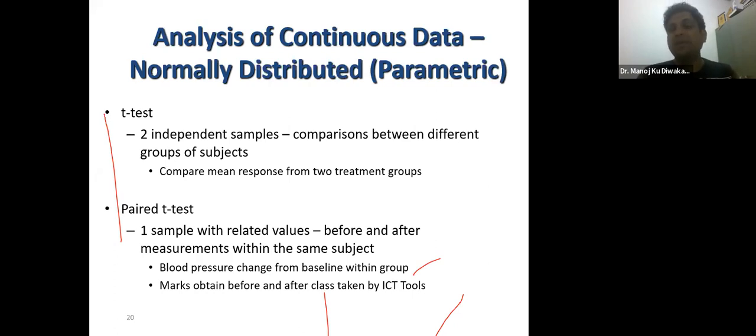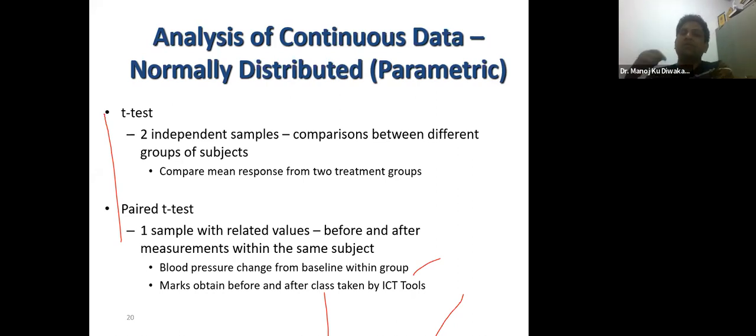Now we will talk about the paired t-test. The paired t-test is where we have one sample with related values. For example, we take JNU students at the time of admission and assess their IQ level, and once they leave JNU we assess the IQ level of the same students.